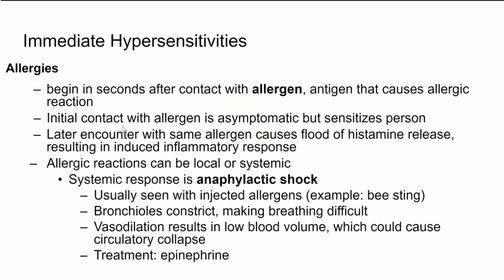So immediate hypersensitivities are what we call allergies. They begin within seconds of contact with the allergen, the antigen that causes the allergic reaction. The initial contact with the allergen is asymptomatic, but it sensitizes the person.